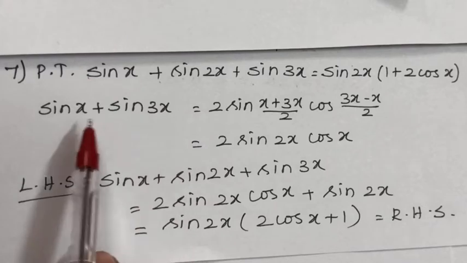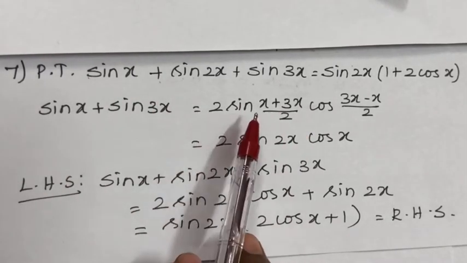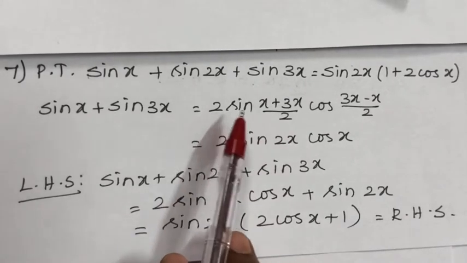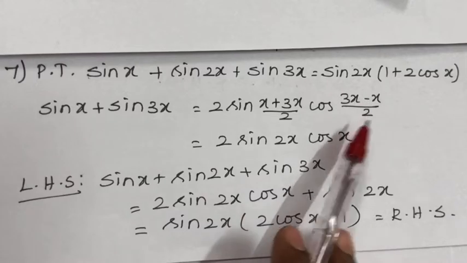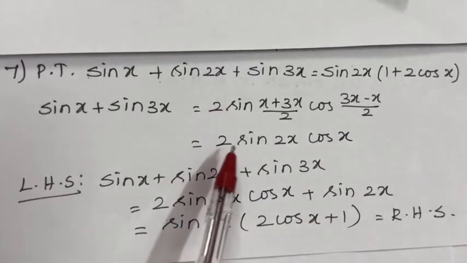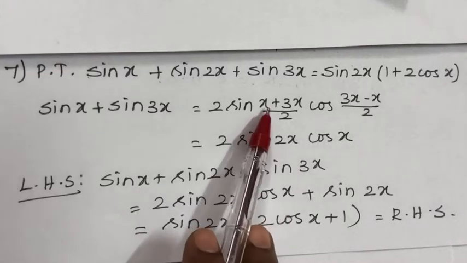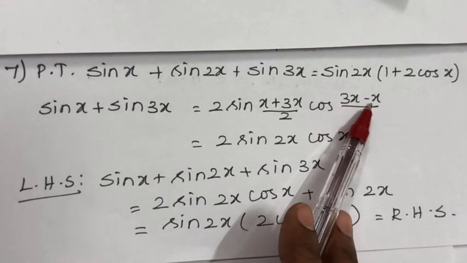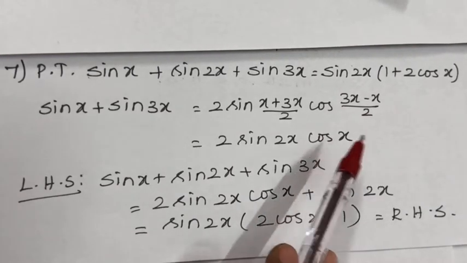So it is a sum to product identity. So 2 sin (x plus 3x) by 2, that is 2 sin (c plus d) by 2, cos (c minus d) by 2. Okay, so 2 sin (x plus 3x), that is 4x by 2, 4x by 2 is 2x. So cos (3x minus x), that is 2x by 2, which is equal to x.